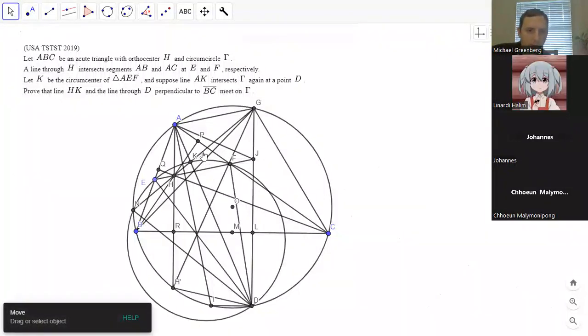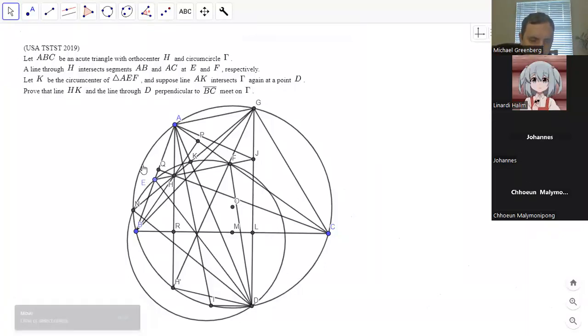So if K is the circumcenter, then we can show that this is cyclic. And if we let this meet it at N, I wonder if we could show K, H, and N are collinear.